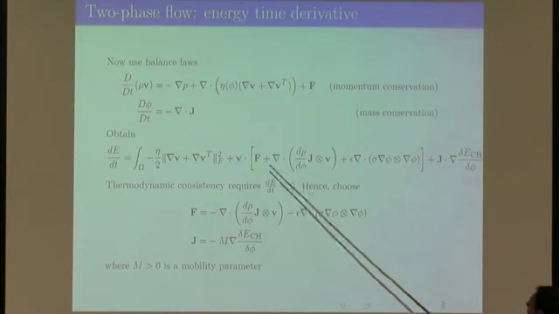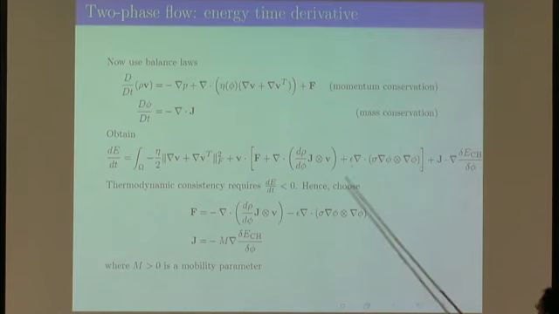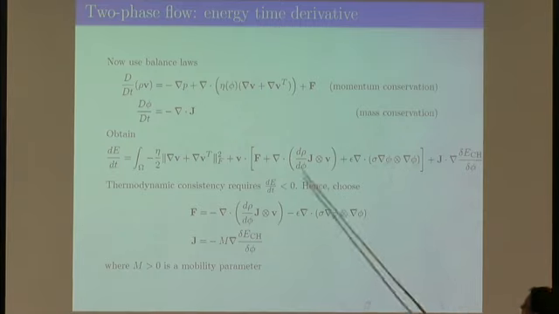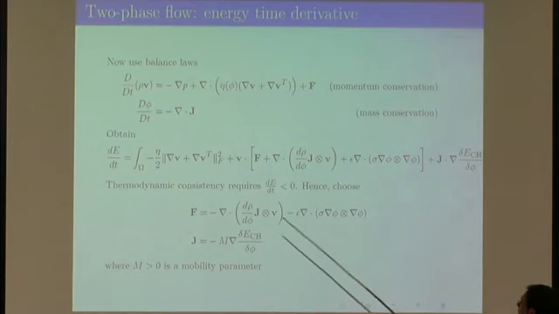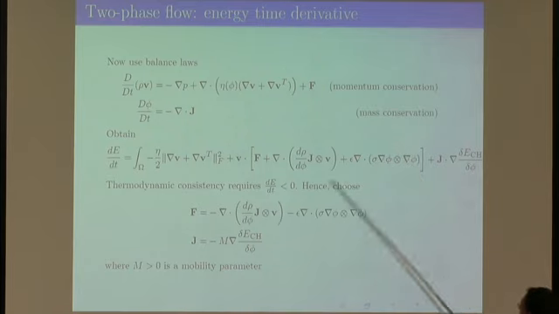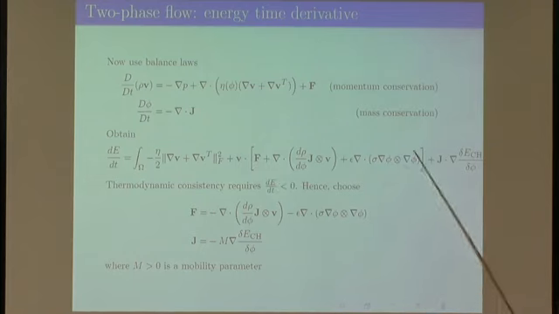The second term, you get a large bracket here, and you expect that all these forces don't give any contribution to the energy time derivative, and you can get this if you just set F equal to minus the remaining part of this. So you just construct the F such that this whole expression is equal to 0.